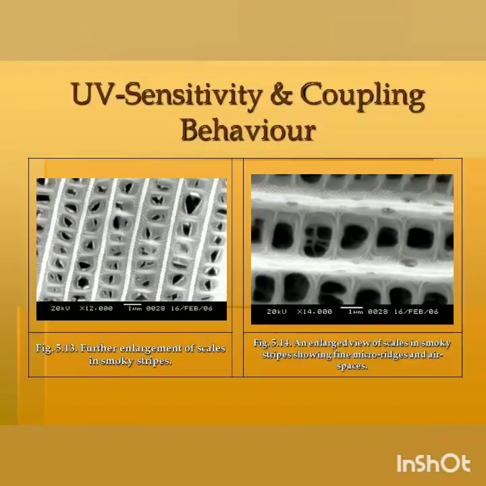When we studied their refractive index and the refractive index of air in between, and applied the theory of optics, we found that this type of structure can be used for reflecting UV, and this UV is taken by the other counterpart, and as a result coupling becomes total.